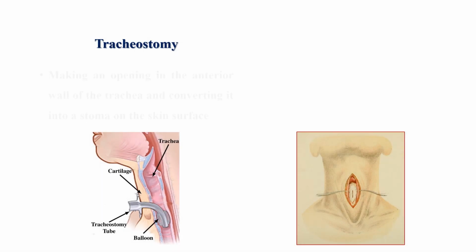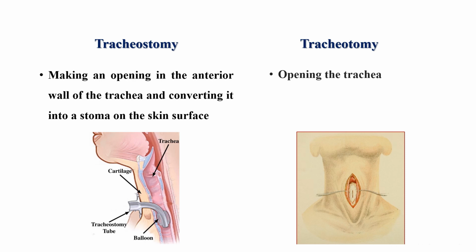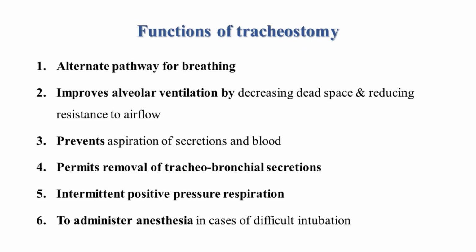By definition, tracheostomy is making an opening in the anterior wall of trachea and converting it into a stoma on the surface, while tracheotomy refers to opening the trachea. A tracheostomy provides an alternate pathway for breathing, improves alveolar ventilation by decreasing dead space and reducing resistance to airflow.